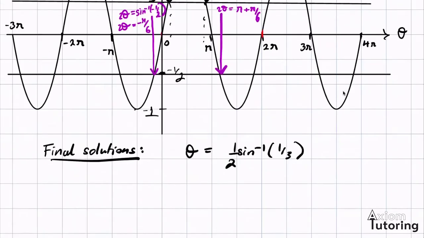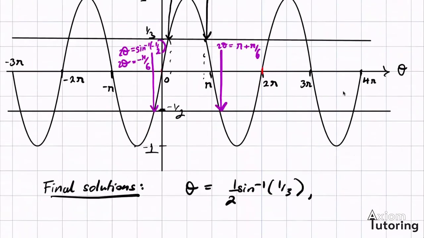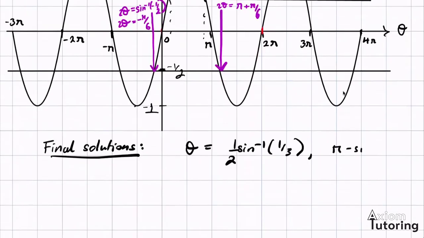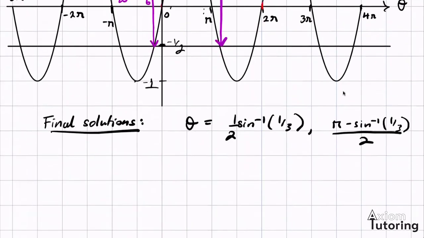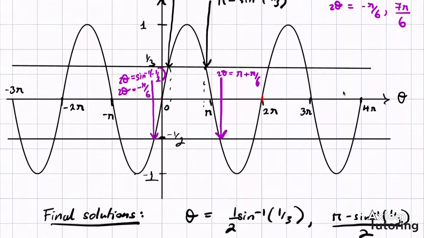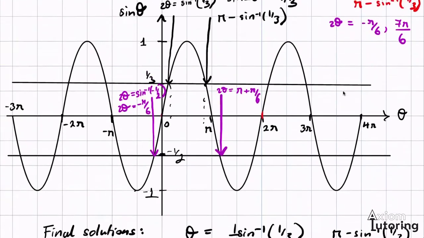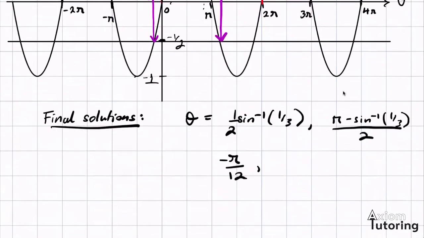So I'll stick a factor of a half there. I'm also going to half our second solution, pi minus sine to the -1 of 1/3, over 2. I'm also going to do the same for the other two solutions. So minus pi over 6 divided by 2 is minus pi over 12. And 7 pi over 6 divided by 2 is 7 pi over 12.